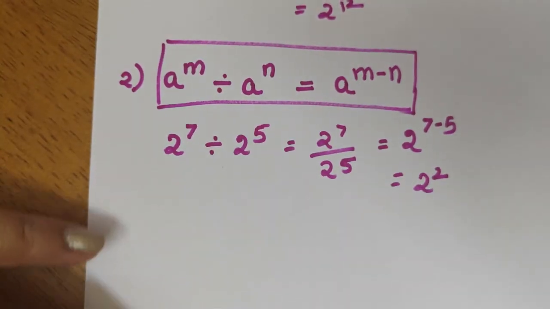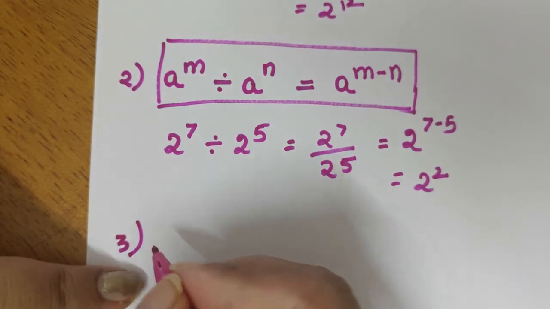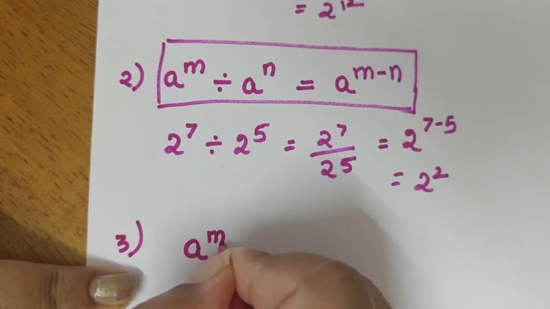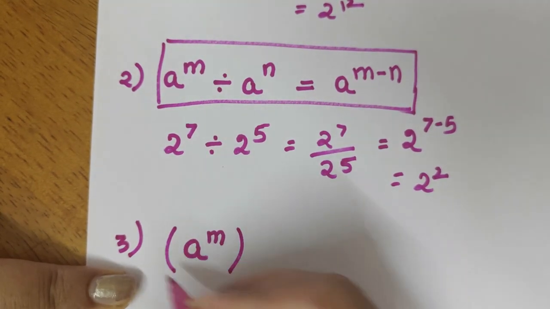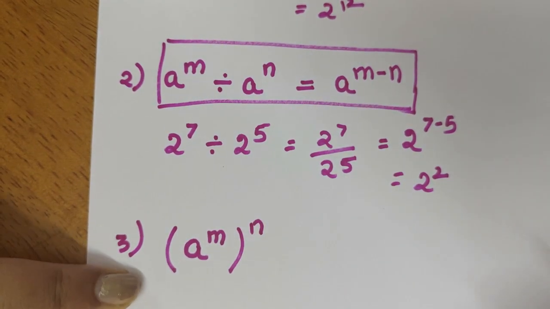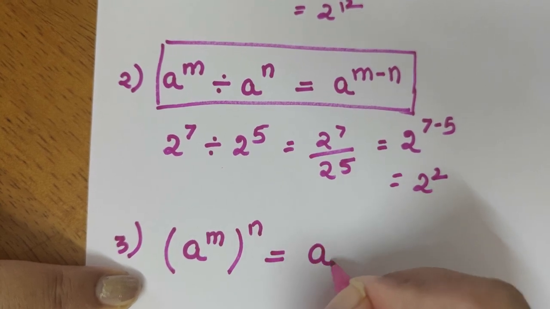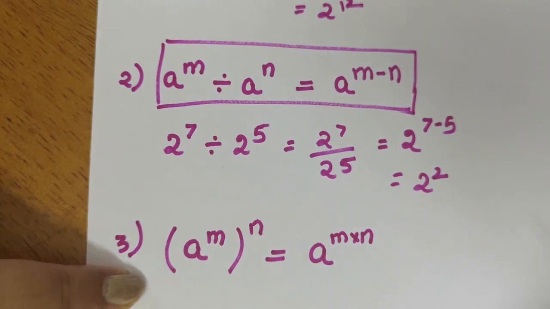Apart from this, there are other laws which say that if I have an integer raised to the power m, and the whole bracket is raised to the power n, then when we open it, it will be a raised to the power m into n.